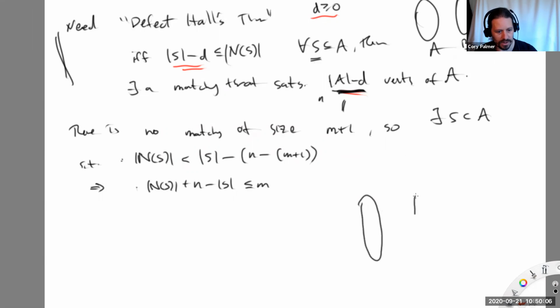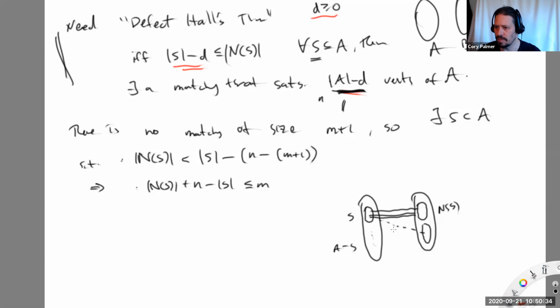Now let's look at our picture. Here's S that failed Hall's, and here's N of S. The edges in this graph live where? Edges go from S to N(S), and edges go from A minus S, they could go anywhere from there. But crucially, there's no edge from here to S, right? We actually already saw this picture when we proved Hall's theorem. There are no edges here.